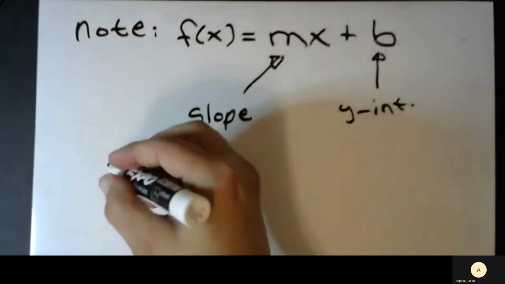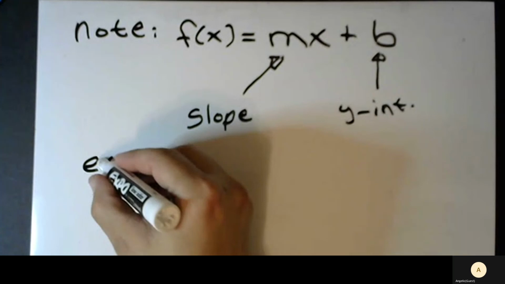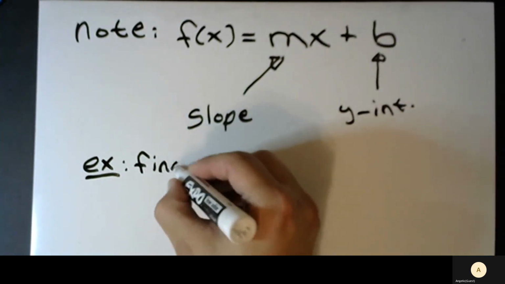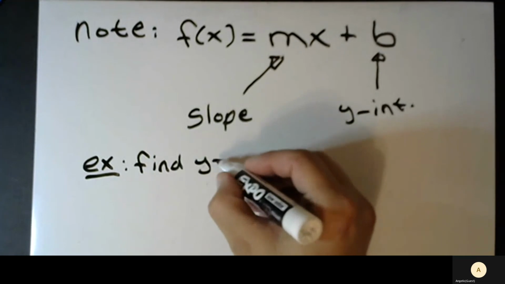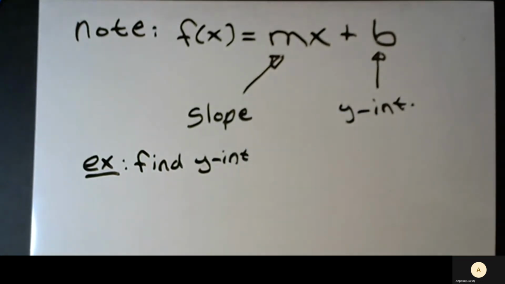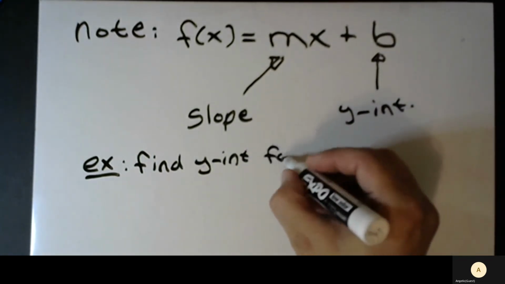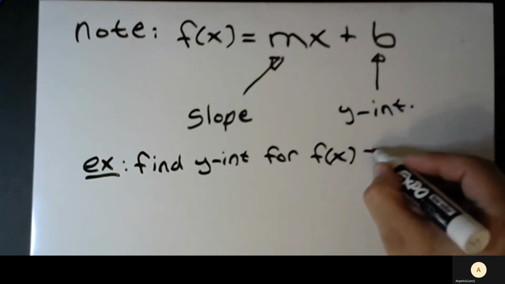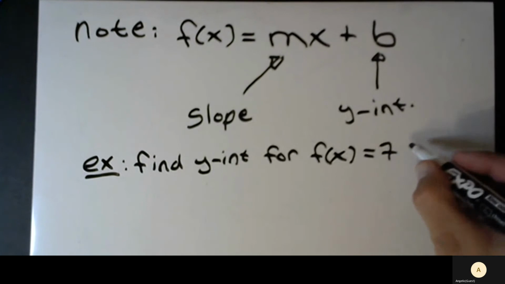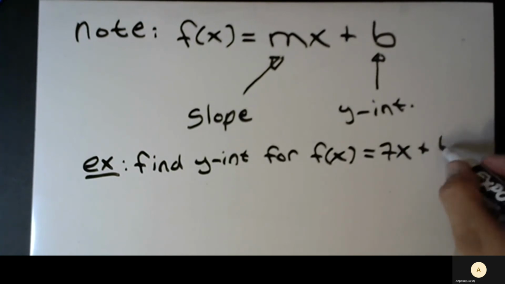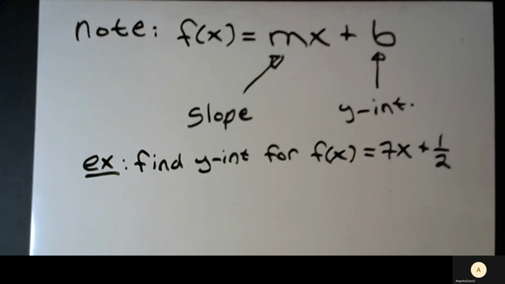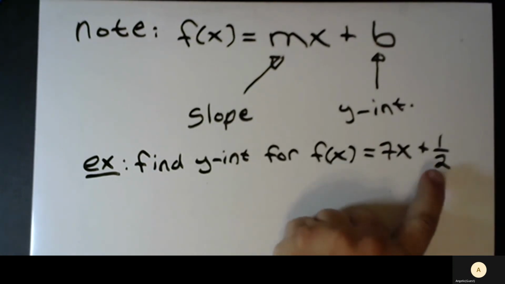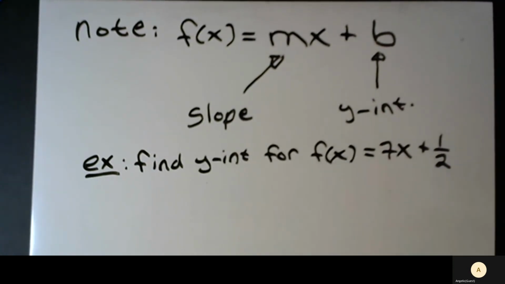So for example, if we need to find the y-intercept, I'll abbreviate intercept, for f of x equals 7x plus 1/2. Well, this number by itself is always going to be the b in the y-intercept.